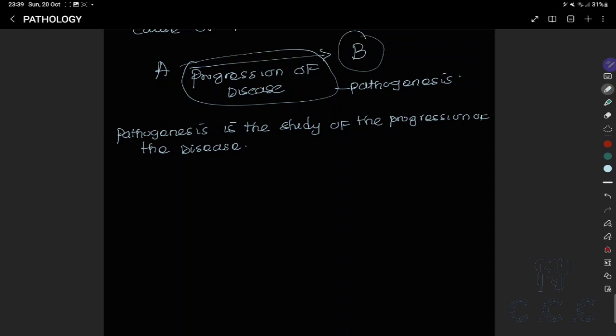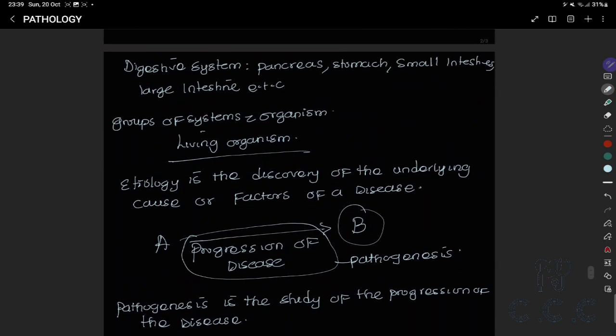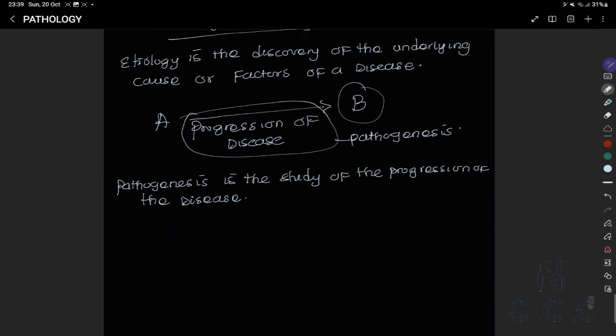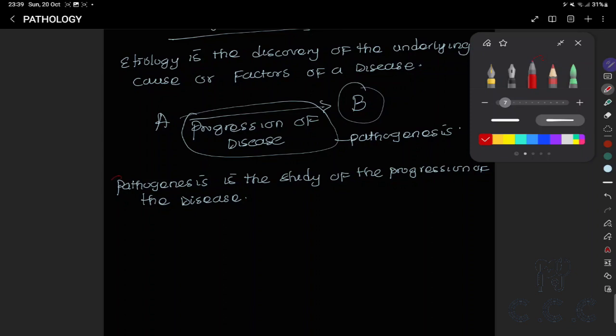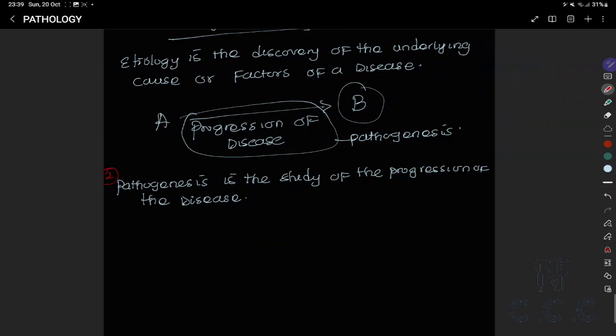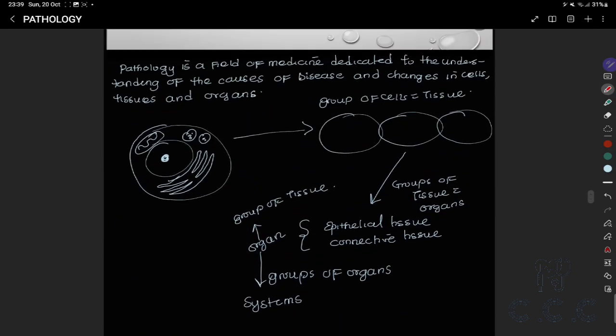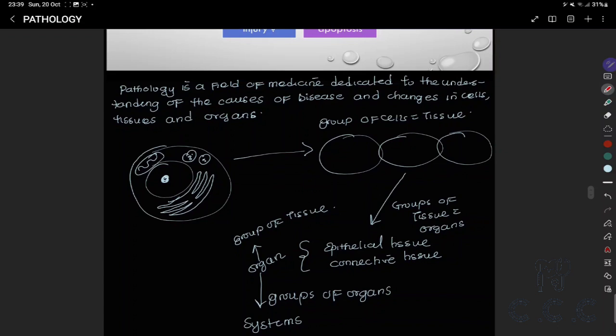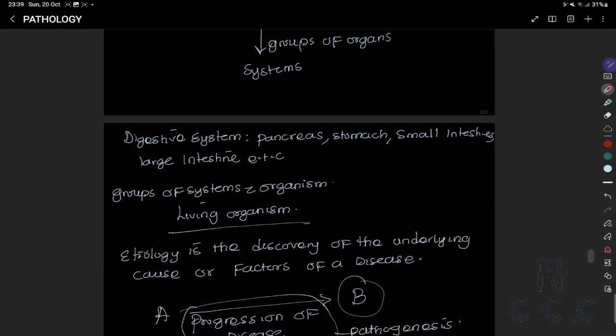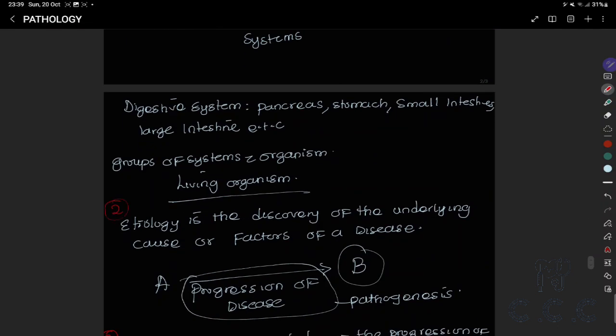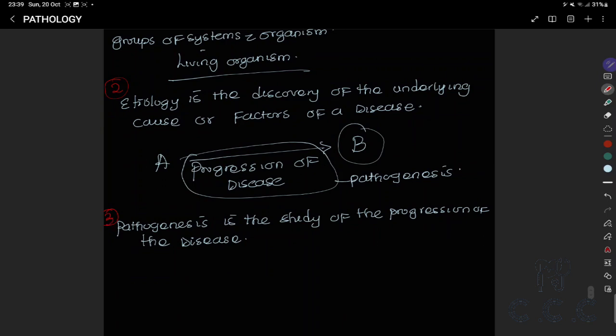Okay, the next thing we have to define. Pathology was the first, etiology was the second, and the third thing we defined is pathogenesis. Perfect.